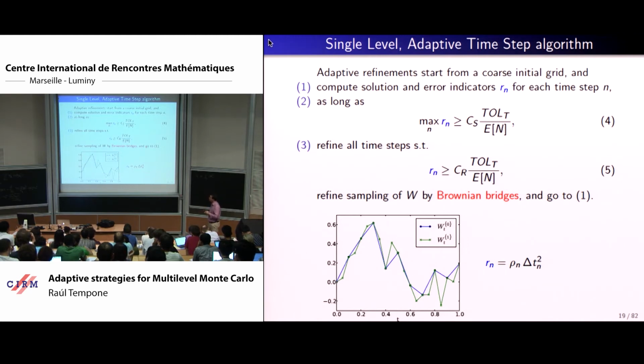The refinement criterion is a little bit more stringent than the acceptance. So essentially, if you see that you're not going to stop because some of them are going to be larger than that, then you are going to refine many more than just those that do not satisfy this constraint. Okay.